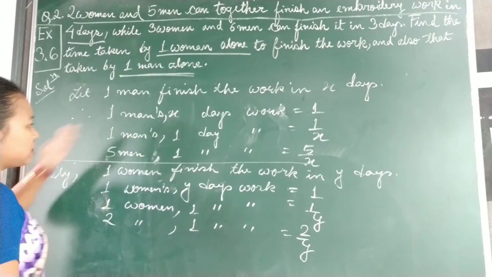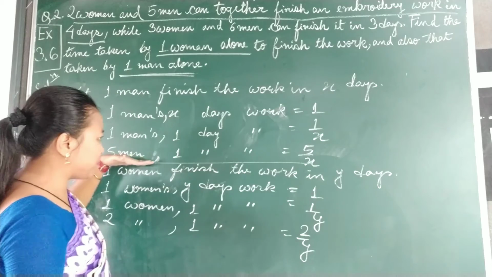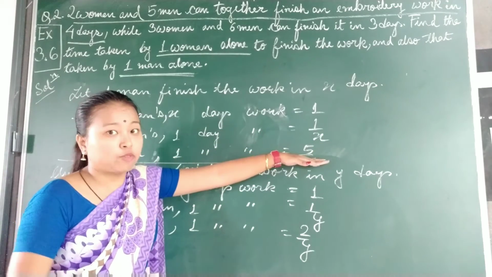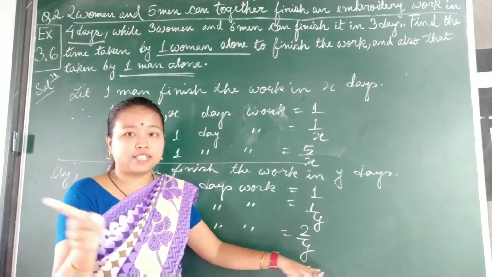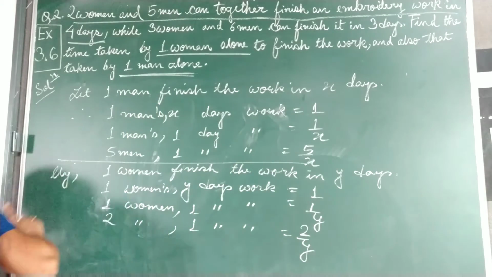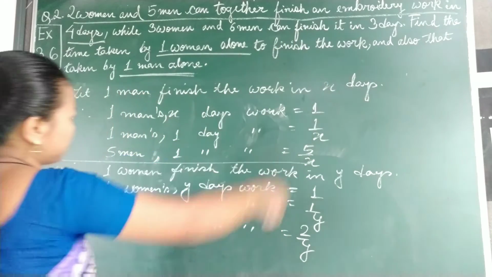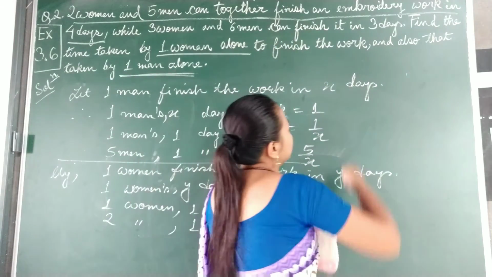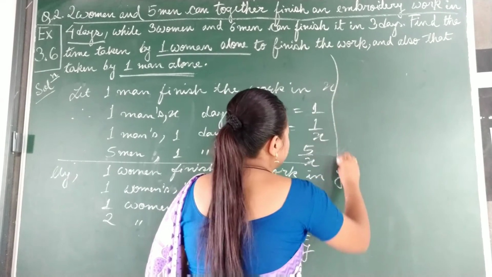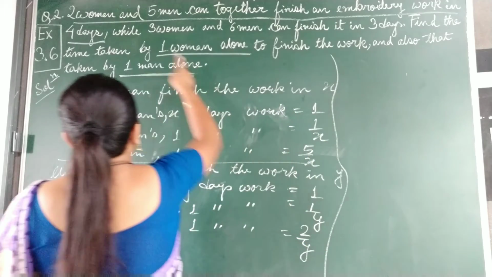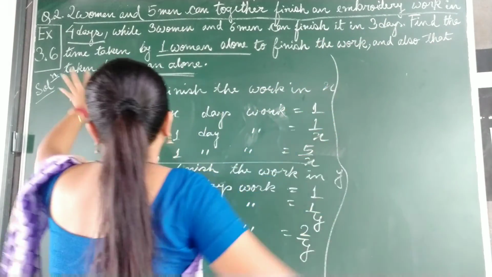See, just how we have calculated for men, for 5 men the work done is 5 by X. So therefore for 2 women, 2 by Y work is done. Now we are going to frame the statement for it. See here, 2 women and 5 men can together finish an embroidery work in 4 days.